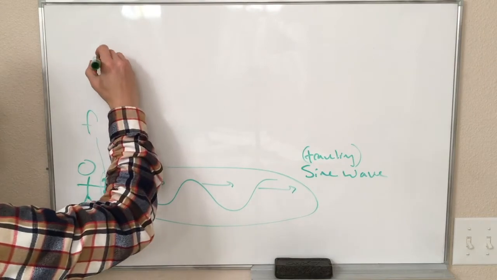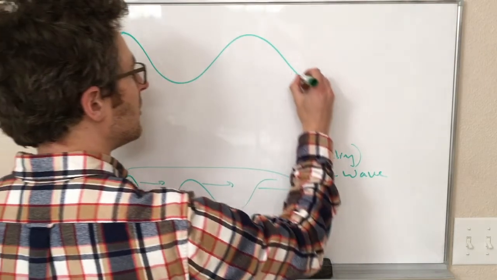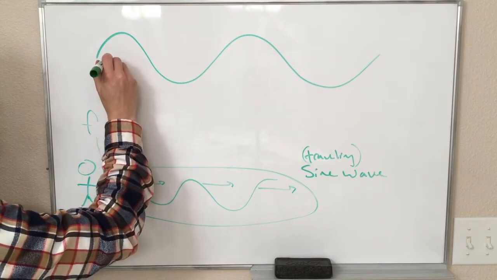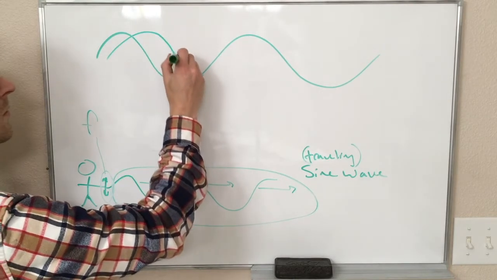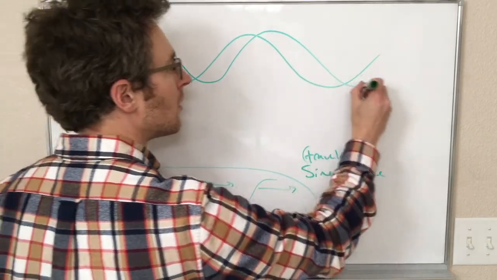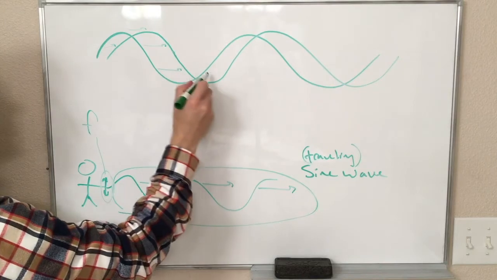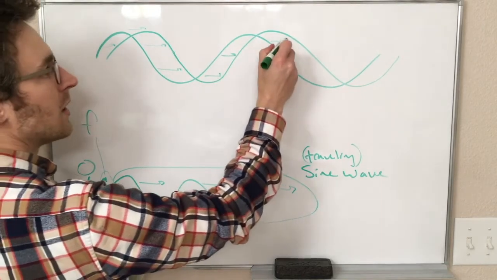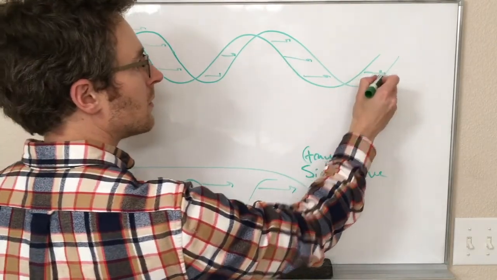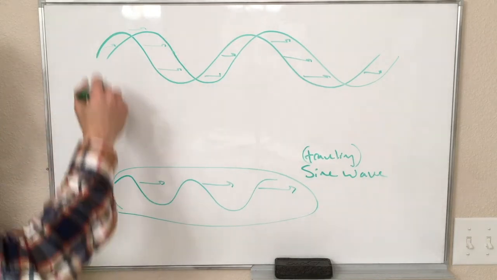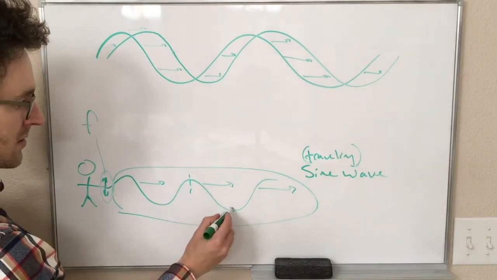So at one moment in time, our wave might look like this. At some later moment in time, our wave might look like this, where now every point on the wave has moved that far to the right. So we can see that our wave has these peaks and it has these troughs.